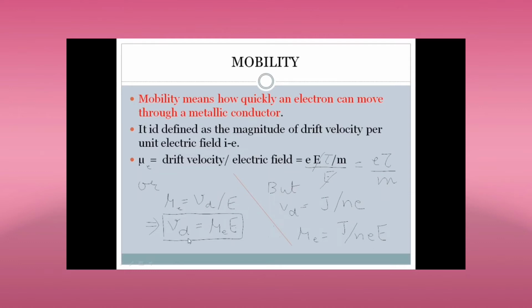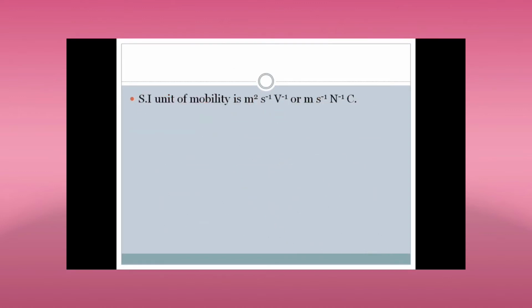So vd is equal to mu E. But we know that drift velocity is equal to current density upon ne. So mu e is equal to J upon n, small e, charge on electron, capital E. The SI unit of mobility is meter square per second per volt, or meter per second per newton coulomb.